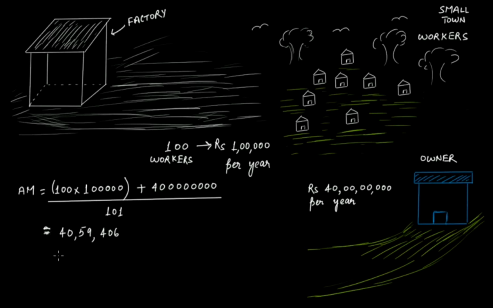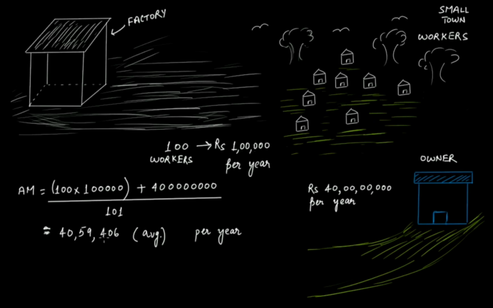Now what does this value tell? This is actually the average. Is this really the average salary of this small town where 100 workers are earning only 1 lakh per year and just one owner is earning 40 crore per year? Here you have calculated the arithmetic mean, which shows the average salary per year for this small town where 100 workers live and earn some minimum wages.